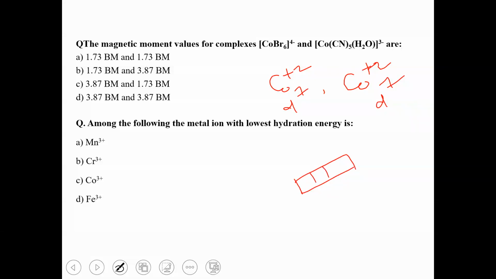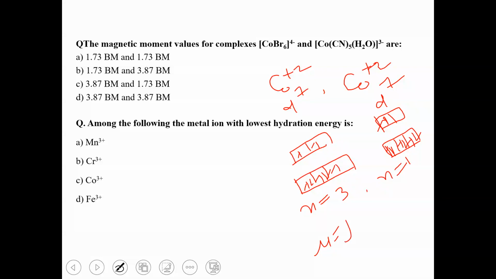Okay, and both the complexes are octahedral, right? So in the first one, the number of unpaired electrons is 3, but in the second one, n equals 1. Okay, so apply the simple formula, that is n into n plus 2.